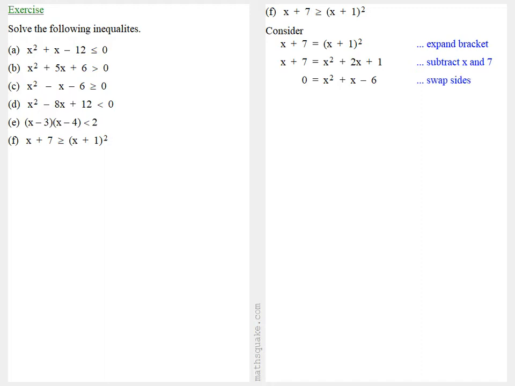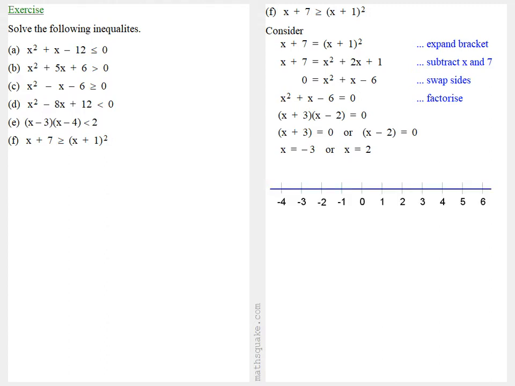And if we swap the sides, we have x squared plus x minus 6 equals 0. Now we can factorize that. We need two numbers that add to make 1 and multiply to make minus 6. That's plus 3 and minus 2. So x plus 3 times x minus 2 is equal to 0, which means x plus 3 equals 0 or x minus 2 equals 0, which means x equals minus 3 or x equals 2.